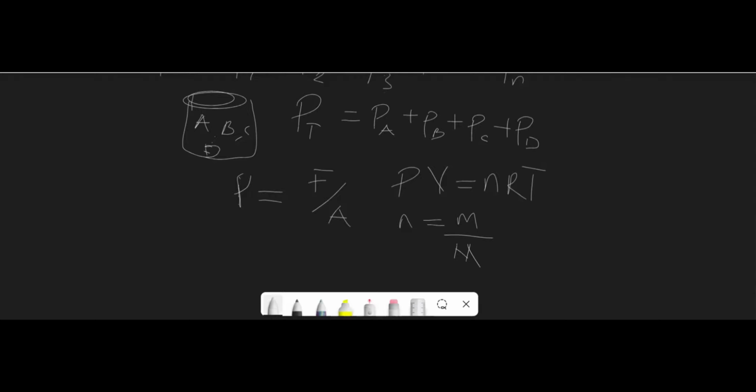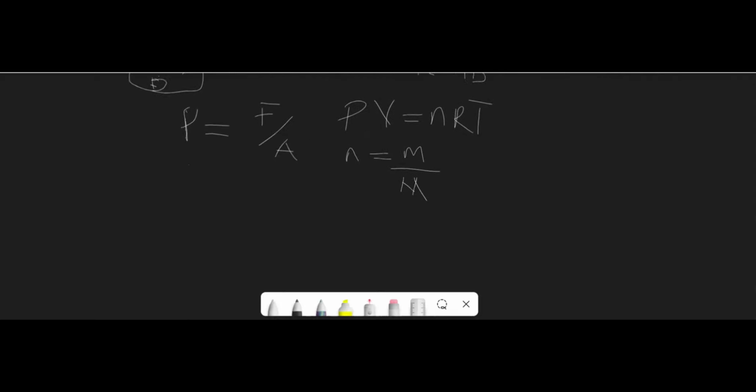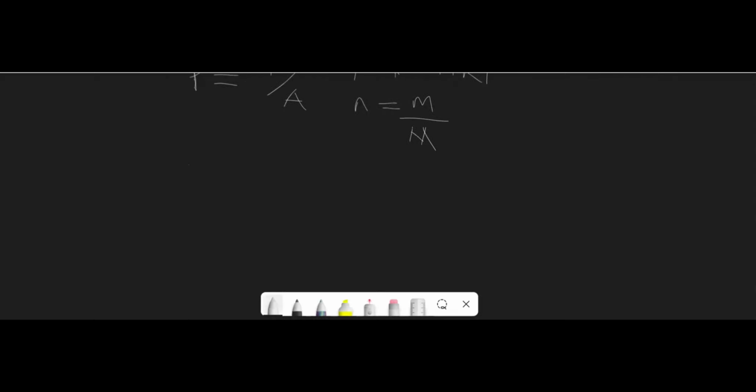So at the same time, we have what we call a mole fraction. If you want to get the mole fraction, we have a formula. This formula for mole fraction is represented as Xi. So Xi stands for mole fraction.